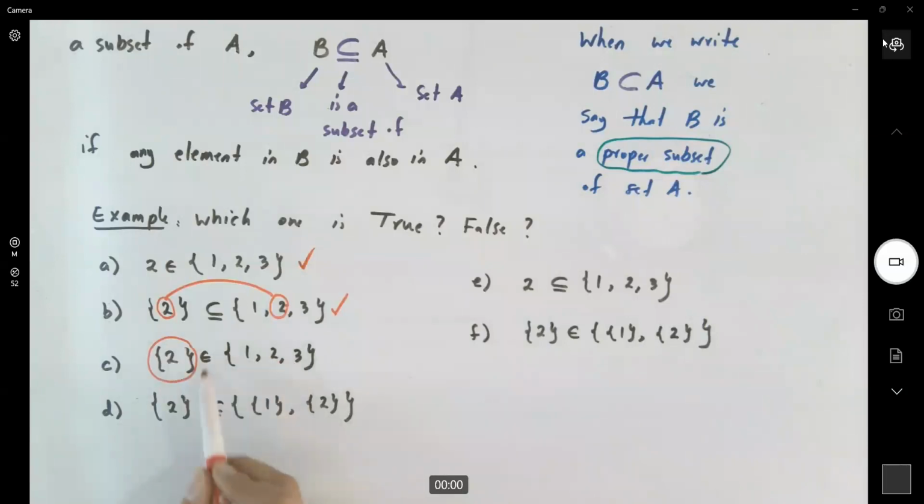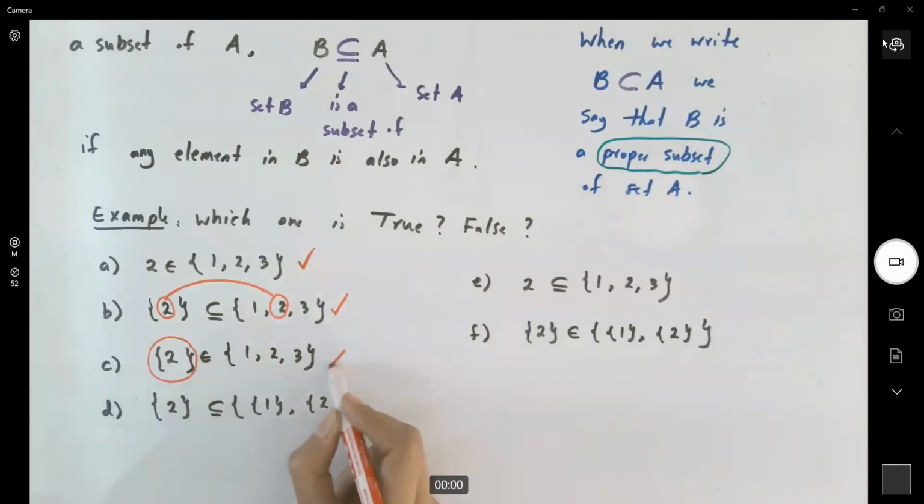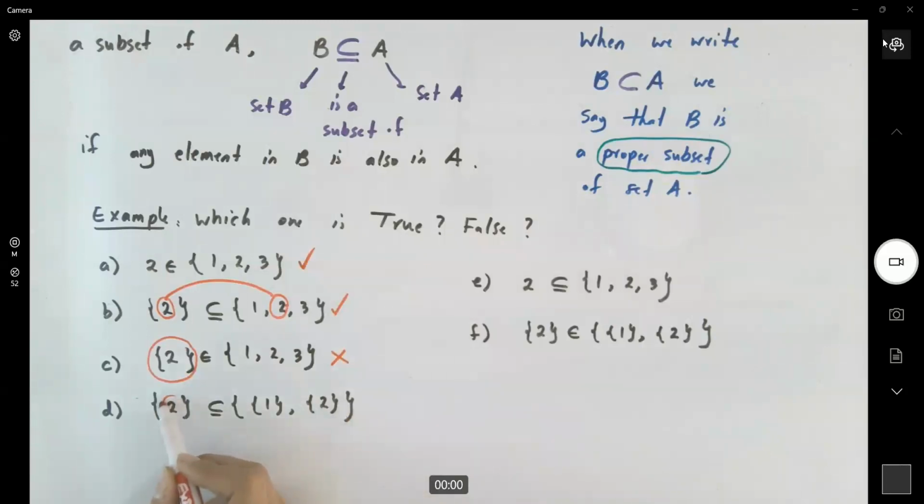Of course, you don't see this guy here, here, or here. So this is not true. What about this guy? It says this set is a subset of this larger set. It means that if I take the element in this set, that element must be in this set, but members are in set form. Not true.